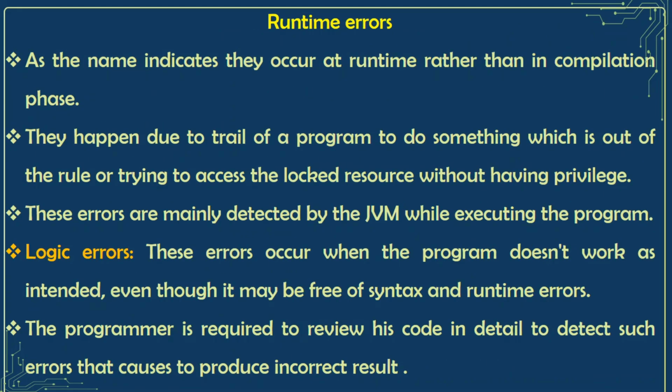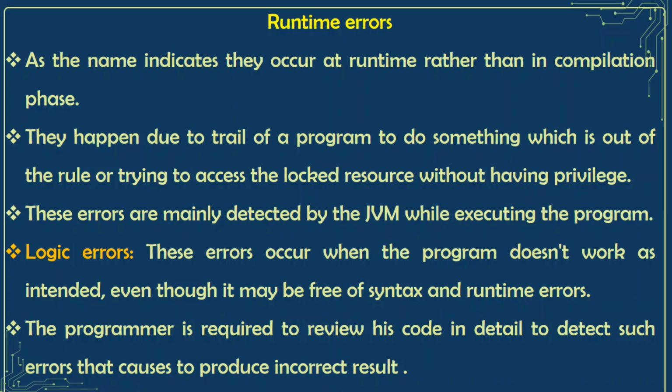The other is runtime errors. As the name indicates, they occur at runtime rather than in the compilation phase, which means they are detected in the phase in which our processor executes the actual task. There may be a division by zero exception, which is detected while the processor executes the actual division task, not in the compilation phase.